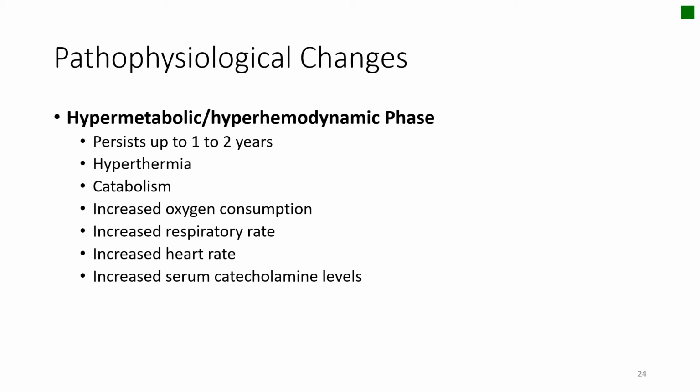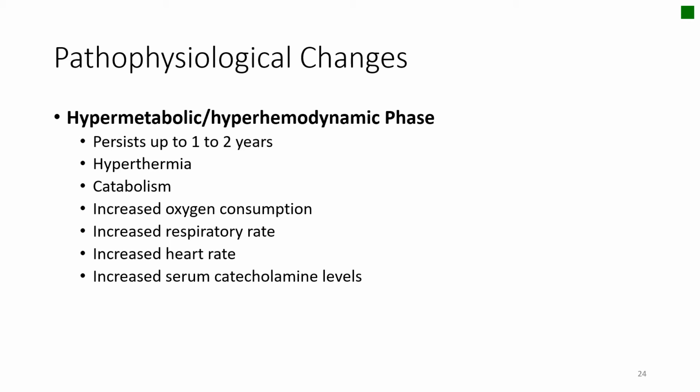This pronounced hypermetabolic response can persist for 1 to 2 years. During this phase, you can see increases in your metabolic rate, multi-organ dysfunction, protein breakdown, blunted growth, insulin resistance, and also increased risk of infection.